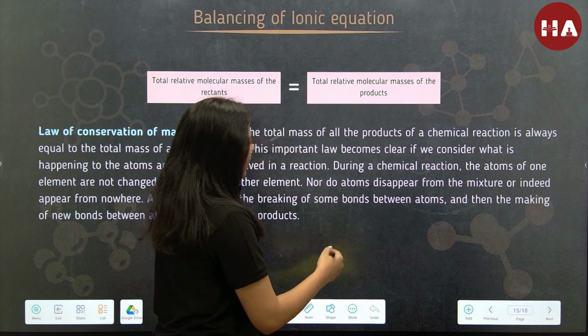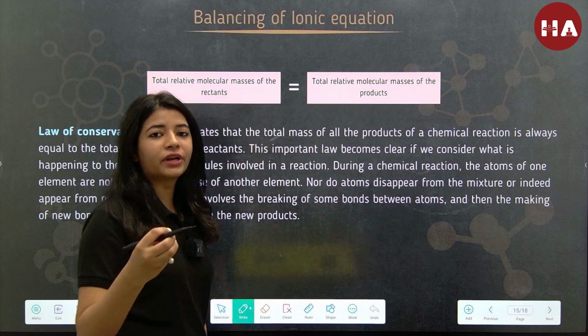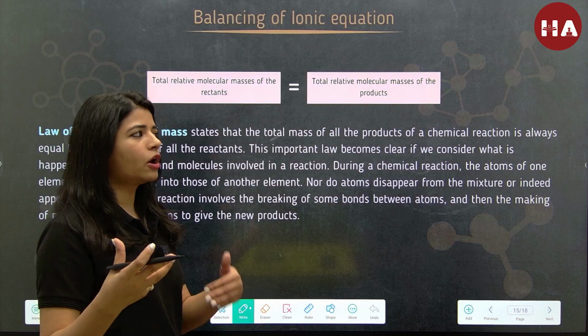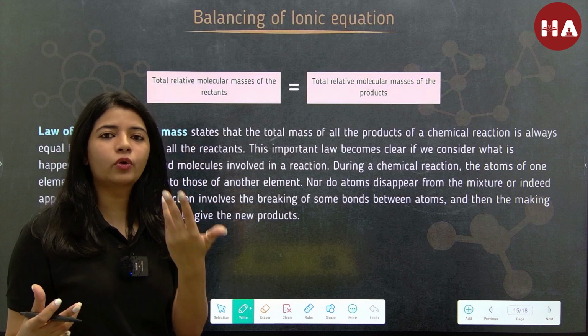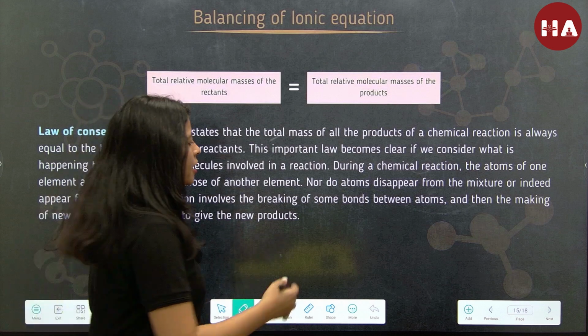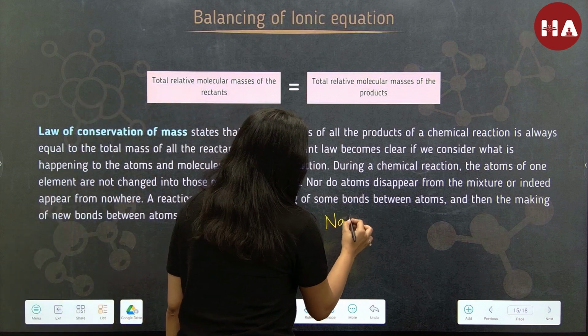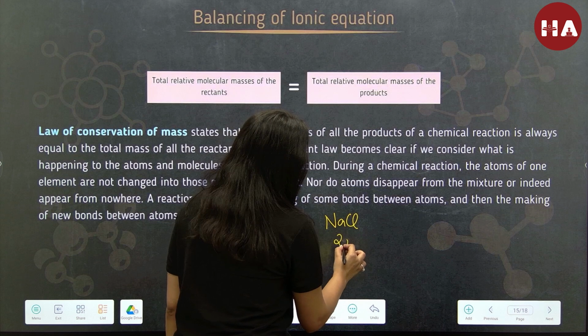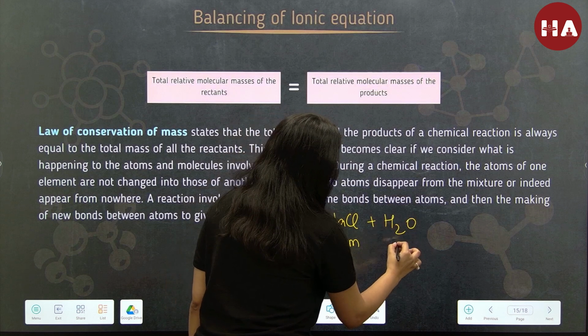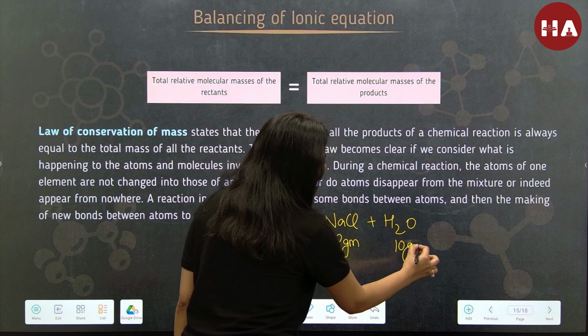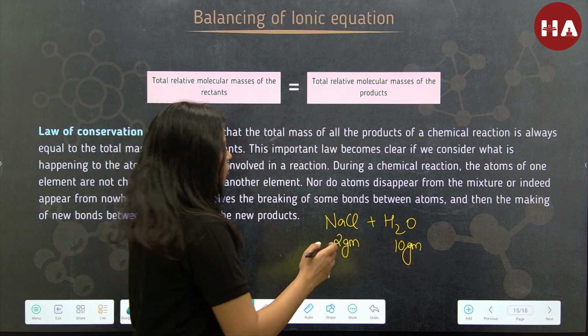For example, if I tell you to give me a sodium chloride solution, or simply add sodium chloride or salt to water. So for example, you have NaCl. Let's say you are taking 2 gram NaCl and the water you are taking is 10 gram, for example. Hypothetical example. So what will happen?